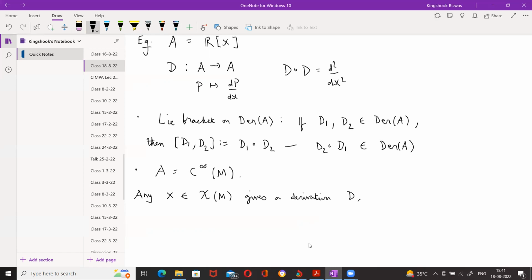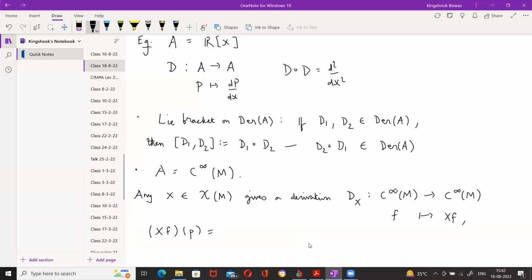Let me call it D sub X. F maps to XF, where XF at a point P is going to be a function, an element of C infinity(M). So what is its value at P?